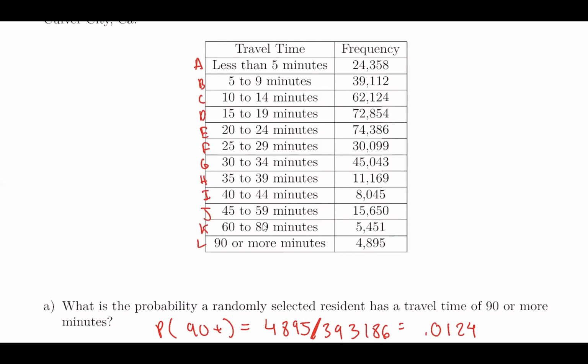So if I want to find the probability that somebody has a commute time less than 90 minutes, which of these columns should I use? Should I use all of them, some of them, or one of them?